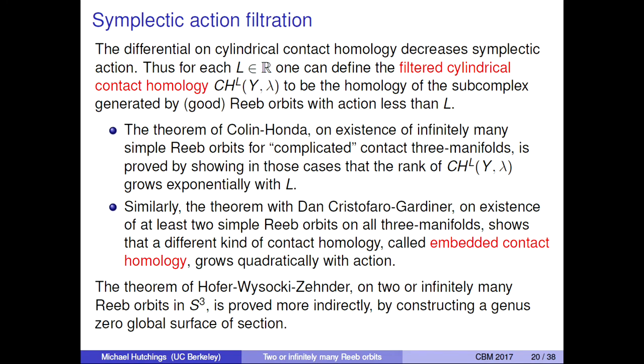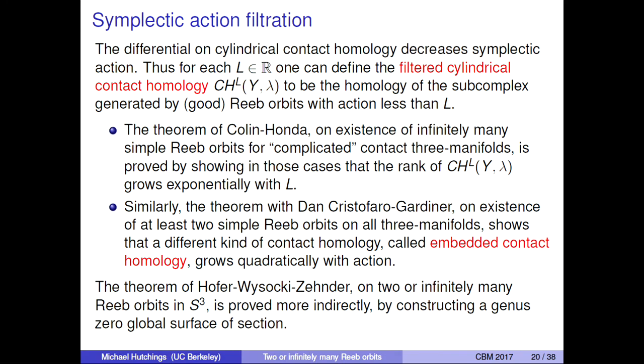And that implies that there are at least two orbits. If you could prove that it grows cubically, then you'd have at least three orbits. So this is sort of the most direct approach to finding Reeb orbits, to detect them with some kind of homology theory.